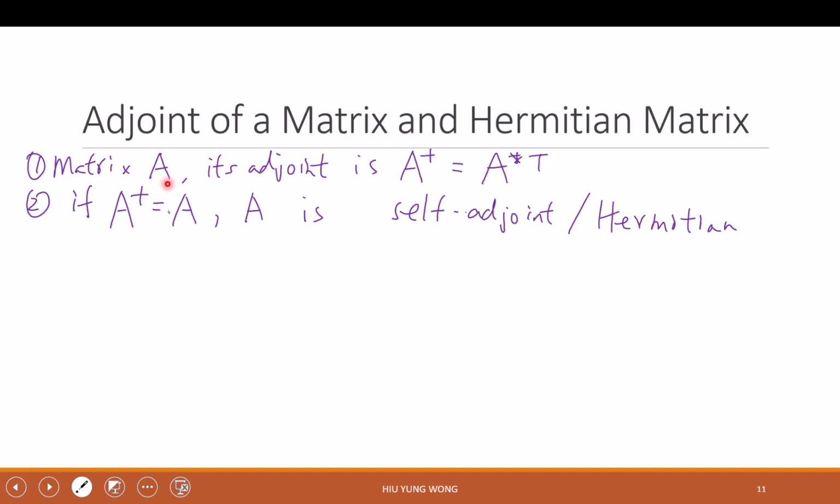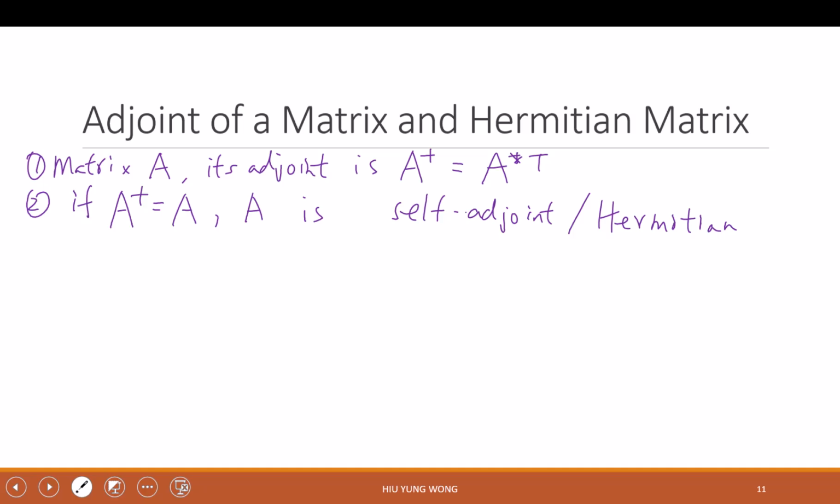The adjoint of a matrix is just the transpose and complex conjugate. If it's equal to itself, it is self-adjoint and Hermitian. Let's think of an extreme case. What if this matrix has only one element, 1 by 1? Then it's just a number.